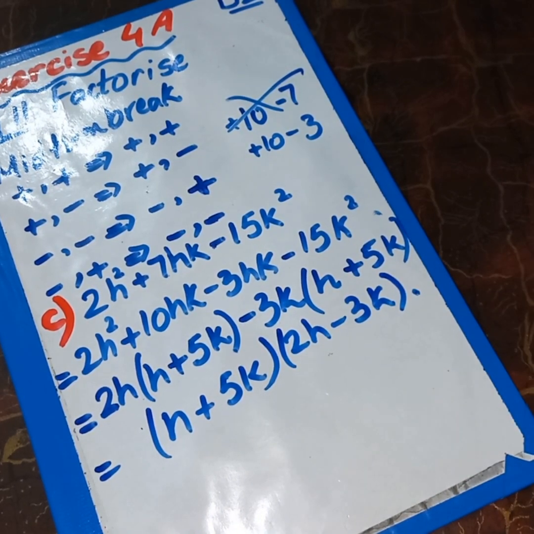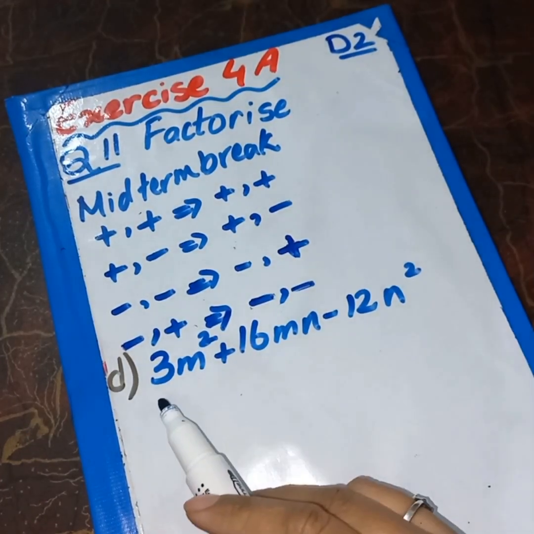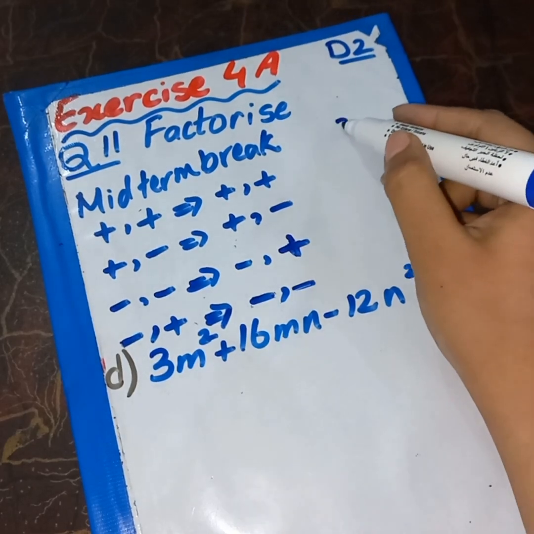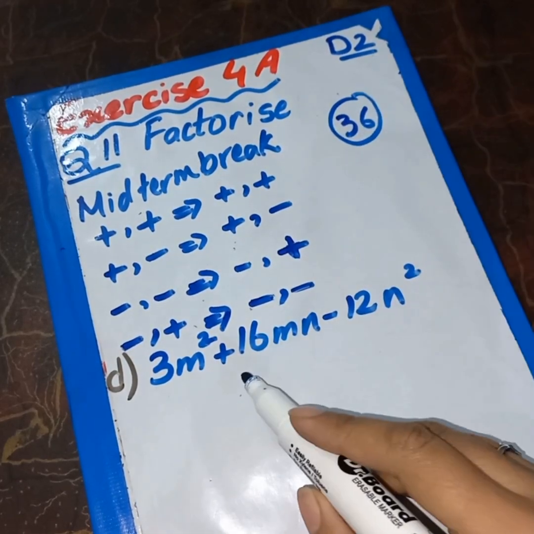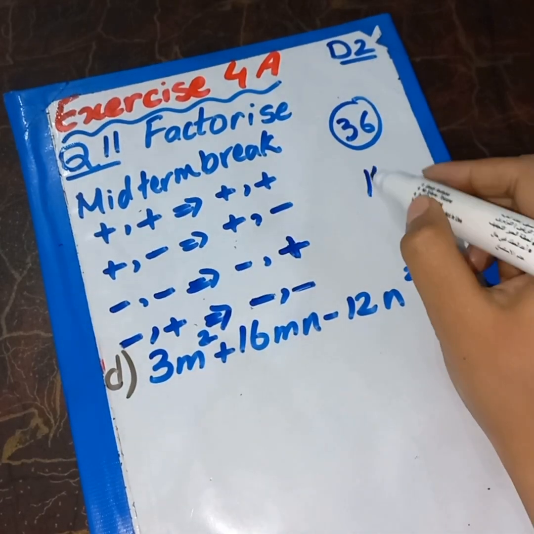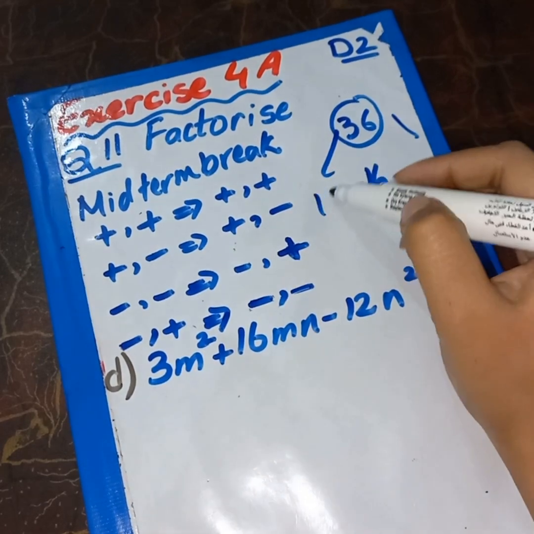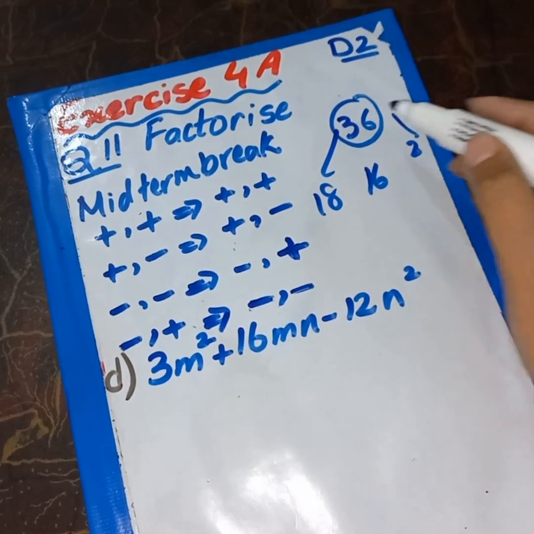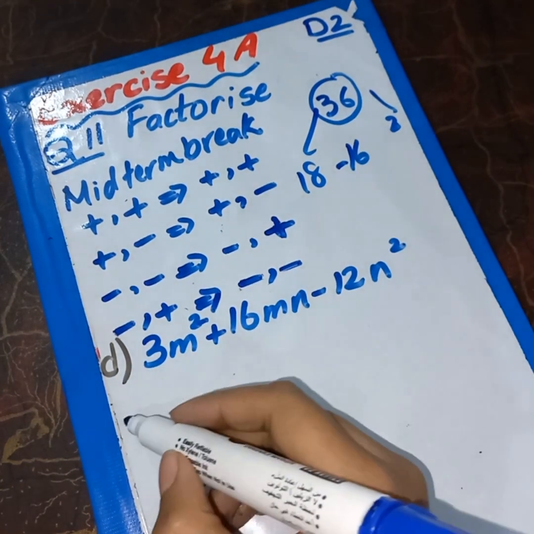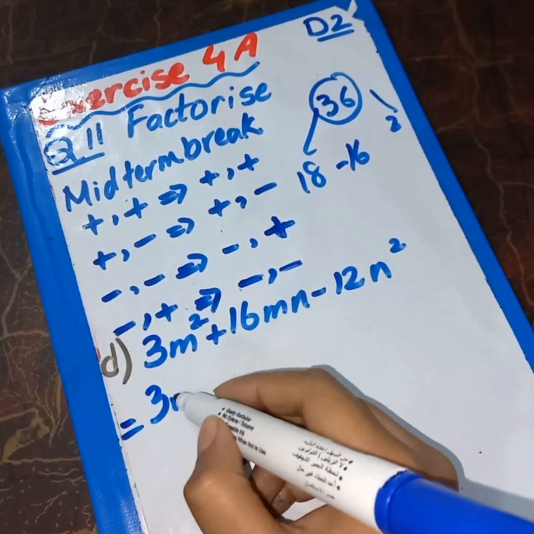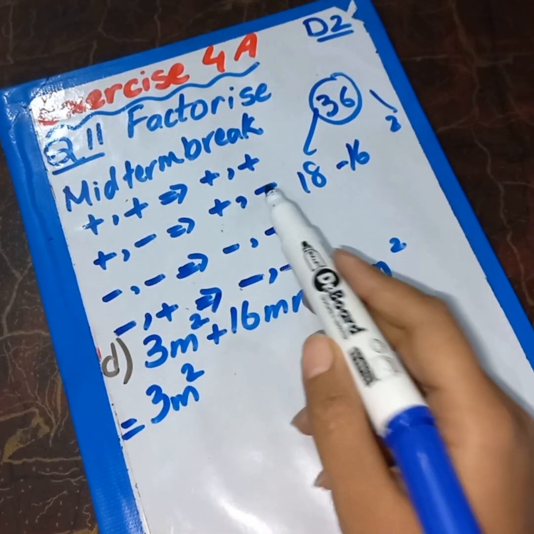Next part, D part. In D part, 12 will be multiplied by 3, that is 36. 12 3s are 36. So I need a pair that will give me 36, and after subtraction it will give me 16. If you observe, that pair is very common, 18 and 2. 18 multiplied by 2 is 36, and 18 minus 2 is 16. So let's do it. 3m square plus minus, where you need to do plus minus with the pair.